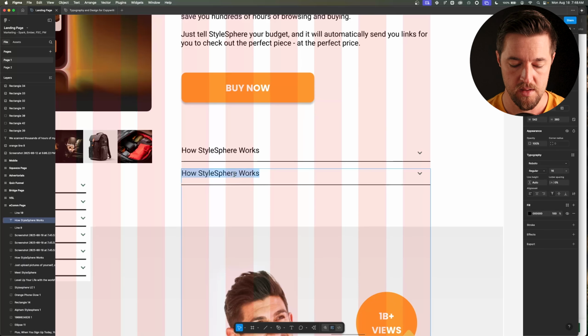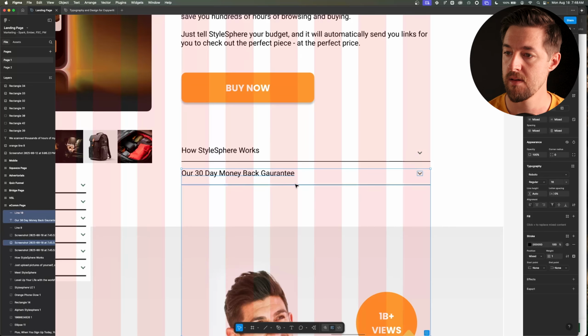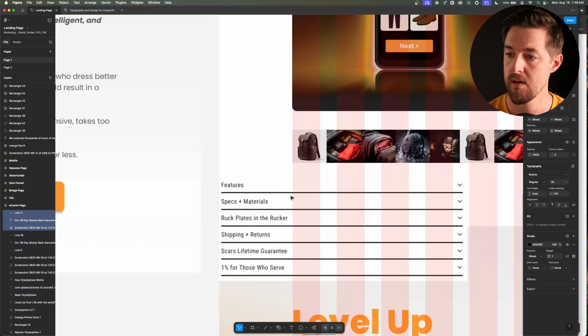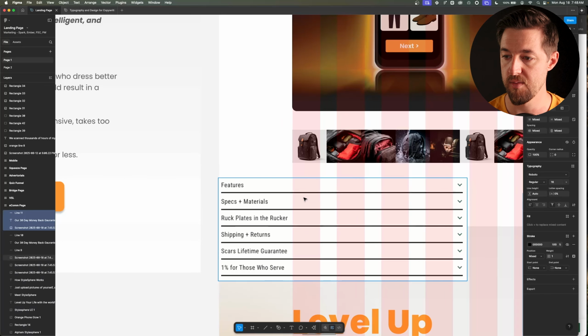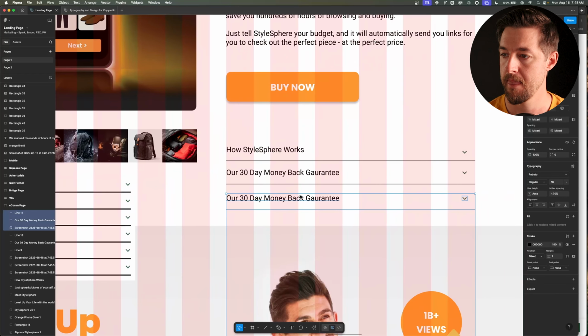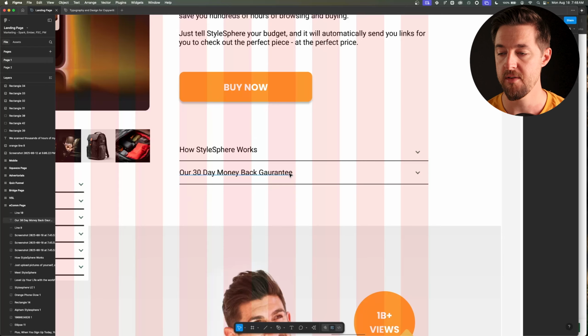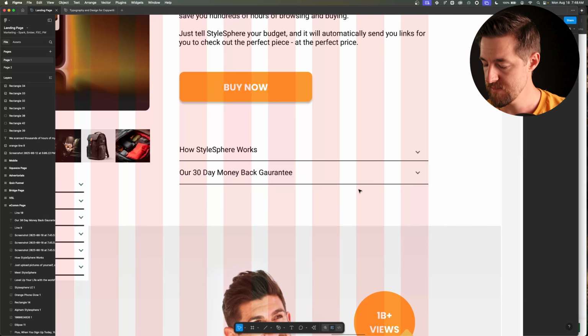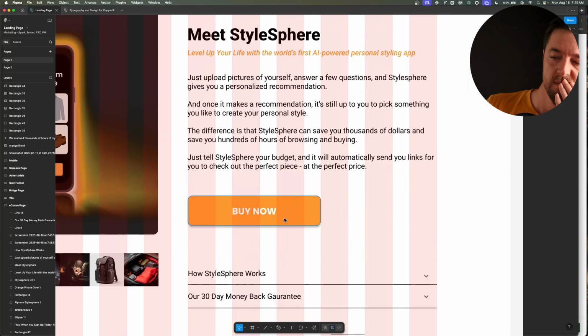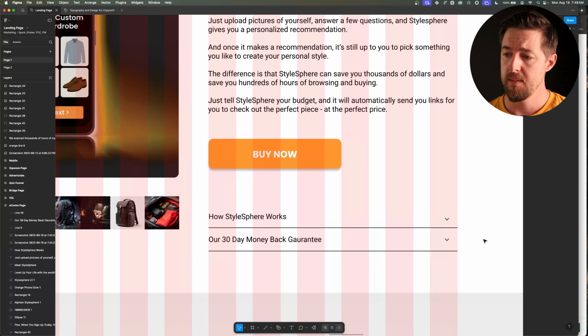Our 30-day money back guarantee, and we can do better than that with a guarantee name. We're not going to have shipping and returns because of that. So for now, those are going to be our two things. A 30-day money back guarantee. Our 30-day money back guarantee.